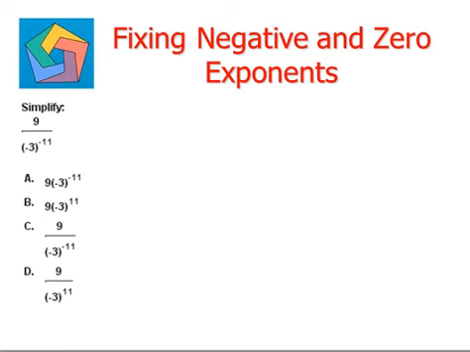For better understanding, let's look at the next question. This says simplify, and we're given the expression 9 divided by negative 3 to the power of negative 11. Now we see on the numerator we have the number 9. In the denominator we have negative 3 to the power of negative 11. As per the rule, we will move this term to the numerator to make the power positive.